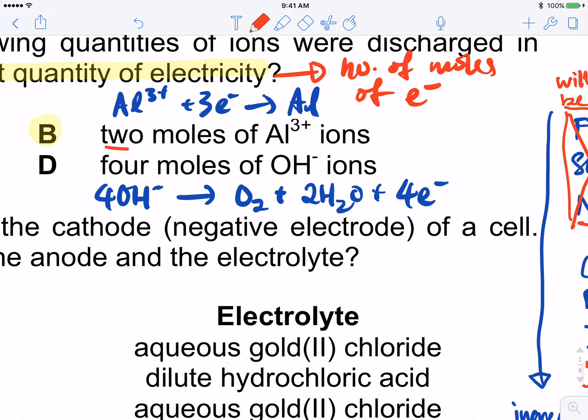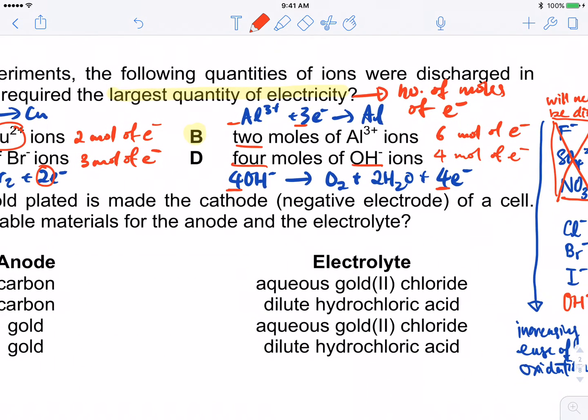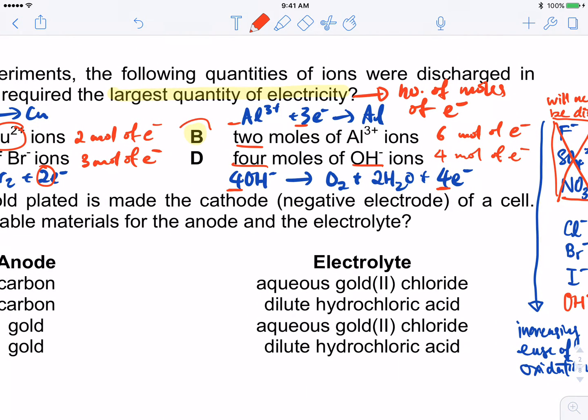Here, I have 2 moles of aluminium ions. If you look at the ratio in the half equation, it is 1:3. So having 2 moles of Al3+ ions means I need 6 moles of electrons. 4 moles of hydroxide ions, I have 4:4 here, so it means 4 moles of electrons used. If we compare everything, the answer is B because it requires 6 moles of electrons.